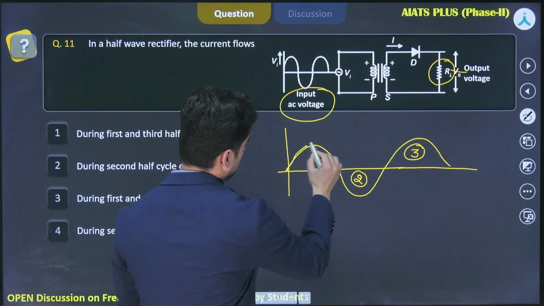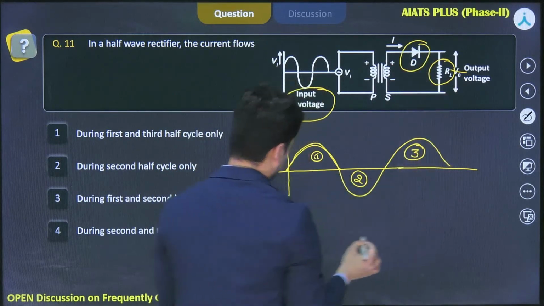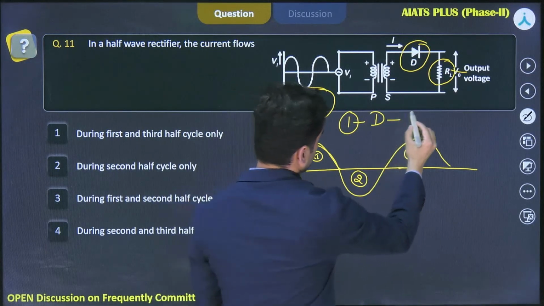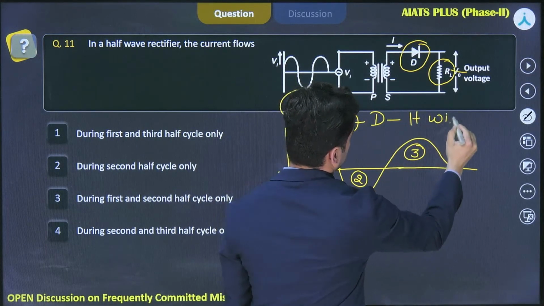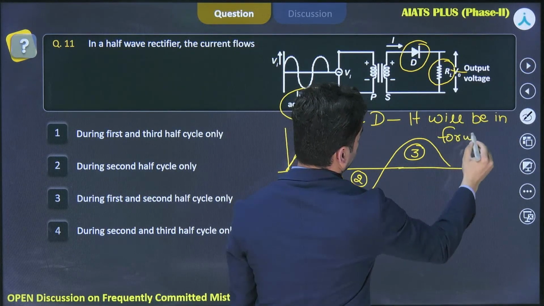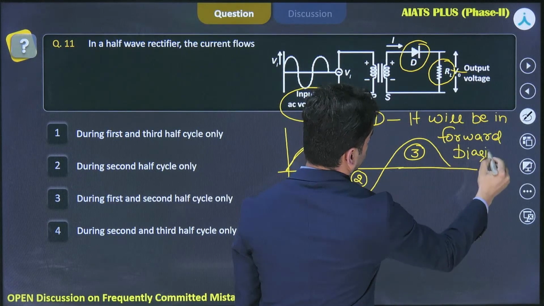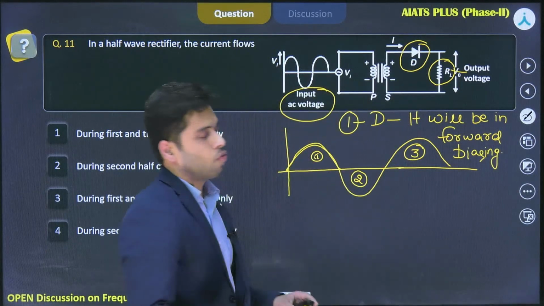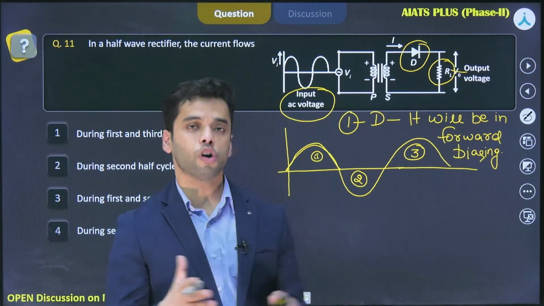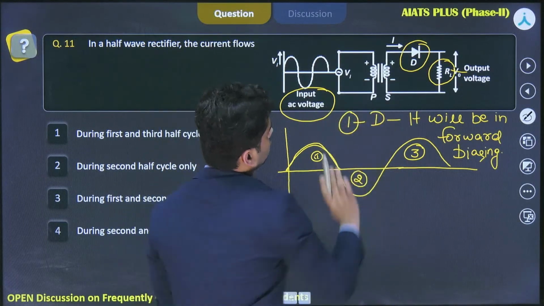For the first part of the cycle, this diode D will be in forward biasing, and you know that in forward biasing, the PN junction offers almost zero resistance, right?